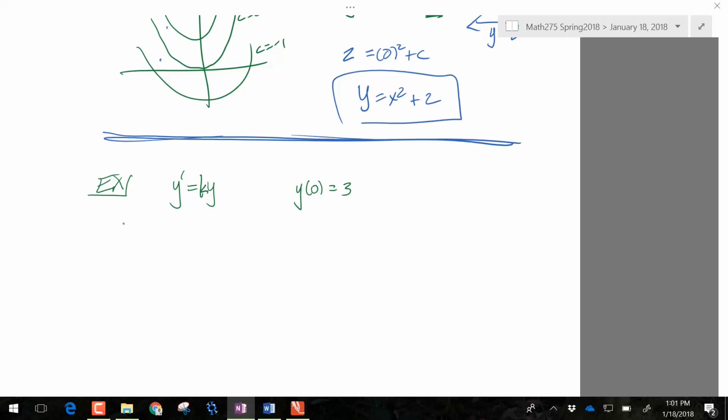And if you look at the type of family of curves this has, it's not the plus c on the outside that would shift your solutions up and down. It's going to do something else. It's going to have a multiple. Anyways, so your guess might be y is equal to e to the kx.